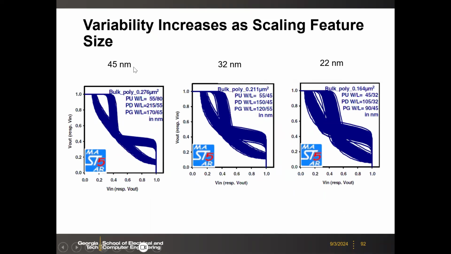If you measure many cells in the array, this open window will become smaller and smaller, because you have to make sure the entire array works. As you scale down, statistically you get more and more variation, and the SNM will become smaller and smaller. So this is another challenge we have to manage for advanced SRAM cell design. The variation or variability is a big concern.